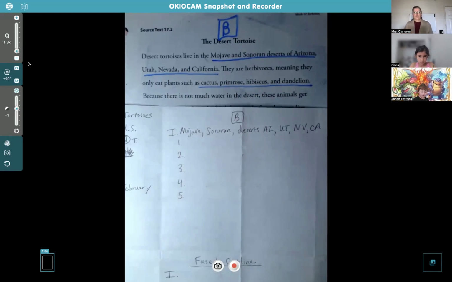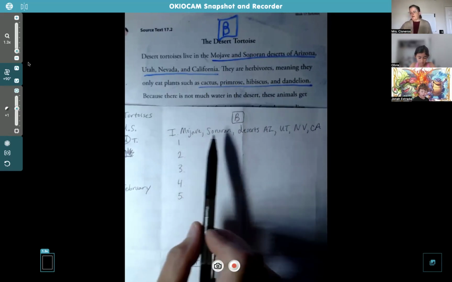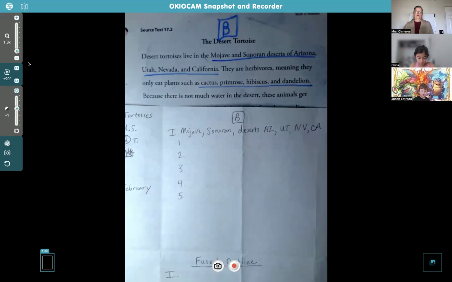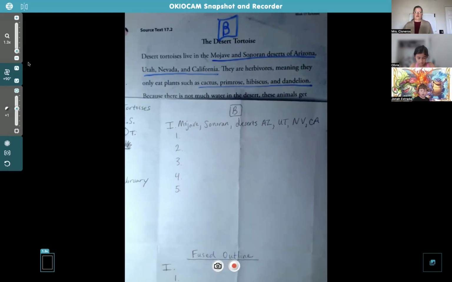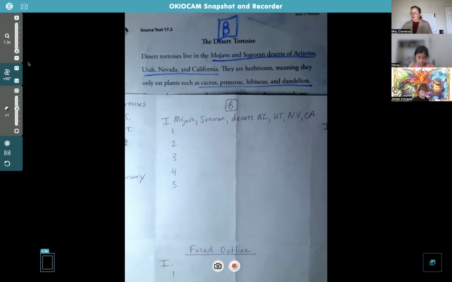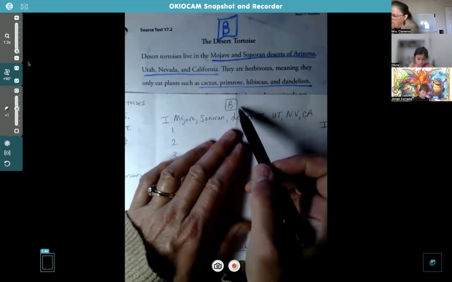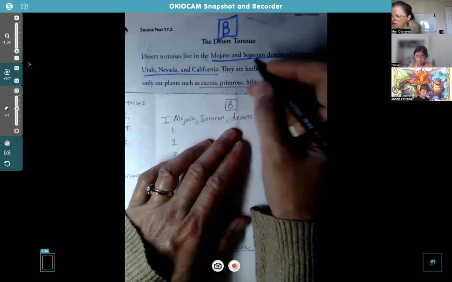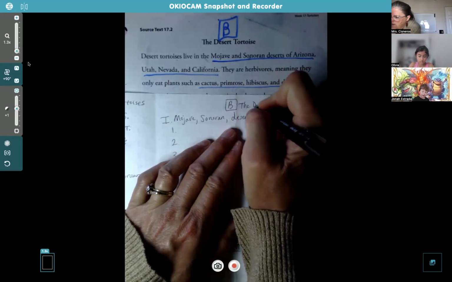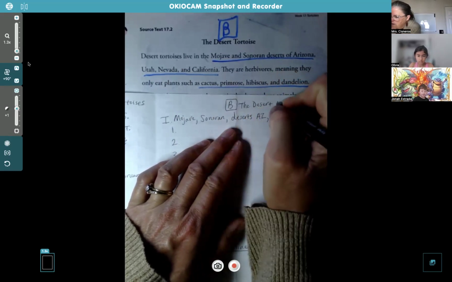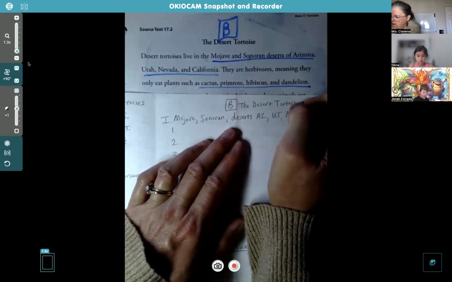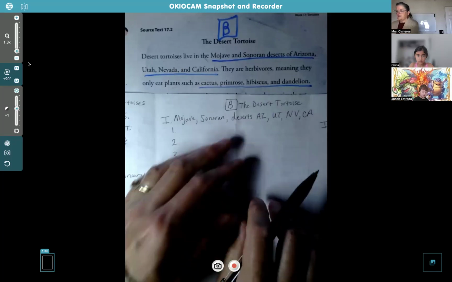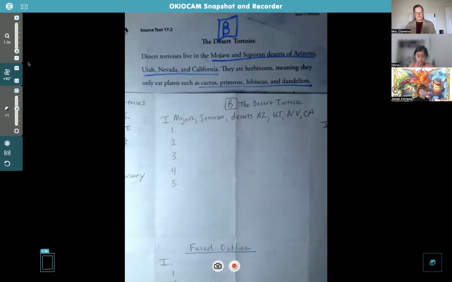And that's a big one. But we only have three words, Mojave, Sonoran deserts. And then we listed all of the different states that they're in. And by the way, this one, B, the name of this article is The Desert Tortoise. I'm just going to put that there next to the B at the top because that's the name of that article. It's different.